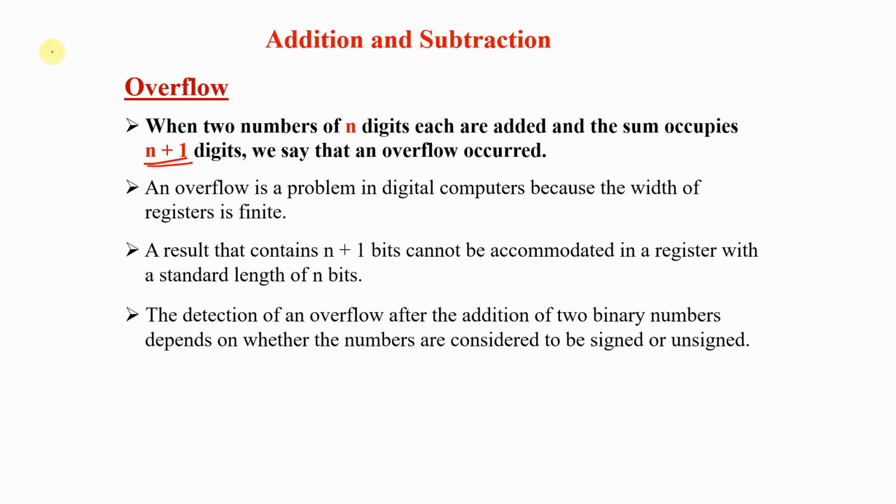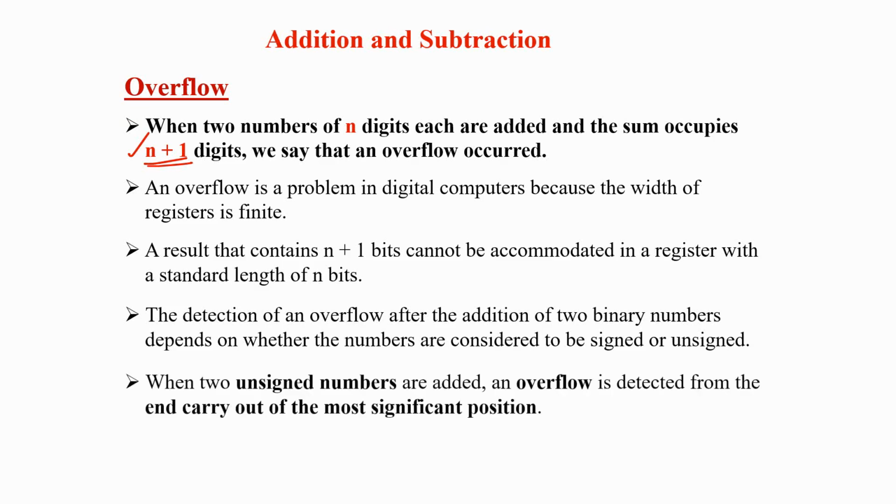If two n-bit unsigned numbers are added and you get n plus 1 bits, that is an overflow, where we assume all numbers are positive. When two unsigned numbers are added, an overflow is detected from the end carry out of the most significant position. If carry occurs, it is called overflow.